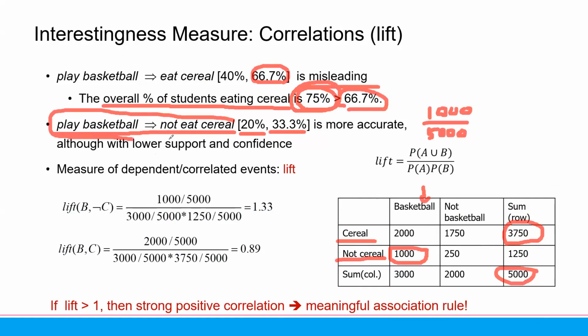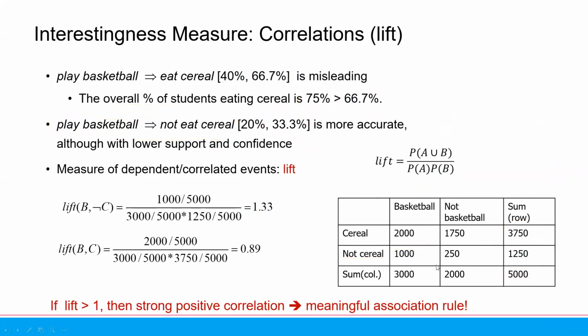Again, we check the number of play basketball and not cereal, which is 1000, divided by the number of play basketball, which is 3000. Then we get 33.3%. So here we can say this is a bit more accurate, because the share of people not eating cereal is 25%, which is still lower.